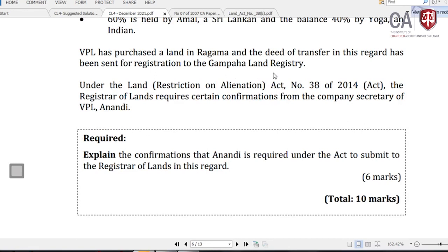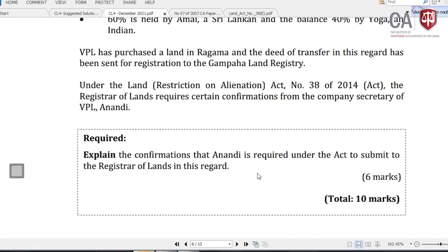Under the Land Restriction on Alienation Act number 38 of 2014, the Registrar of Lands requires certain confirmation from the company secretary of VPL. The name of the company secretary is Anandi.